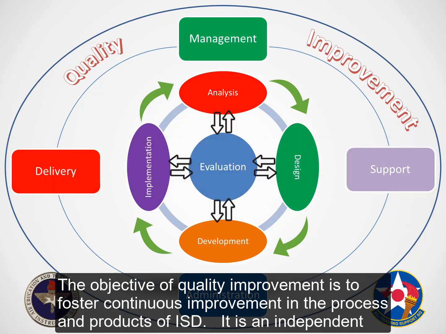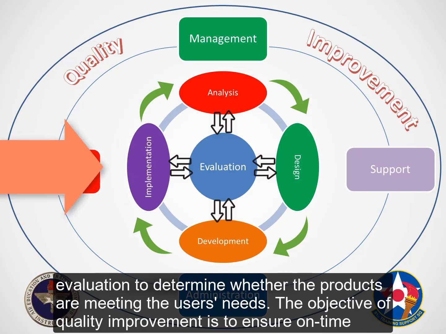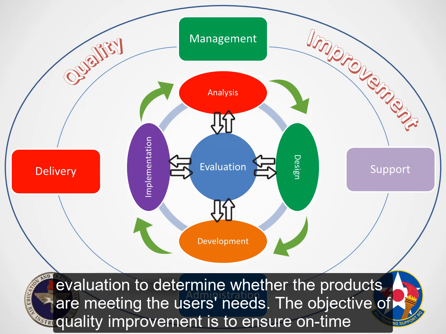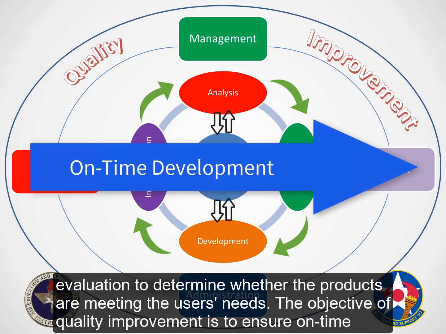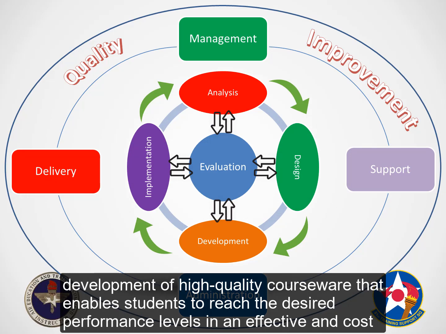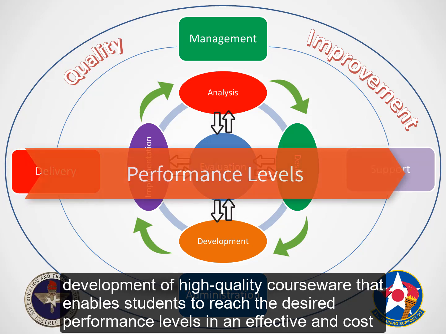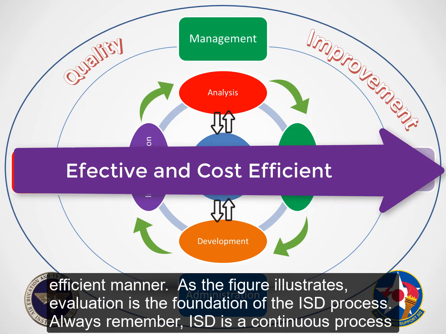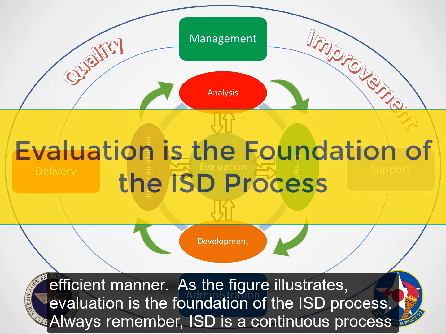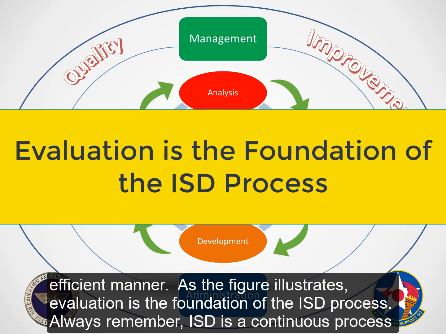It is an independent evaluation to determine whether the products are meeting the user's needs. The objective of quality improvement is to ensure on-time development of high-quality courseware that enables students to reach the desired performance level in an effective and cost-efficient manner. As the figure illustrates, evaluation is the foundation of the ISD process.